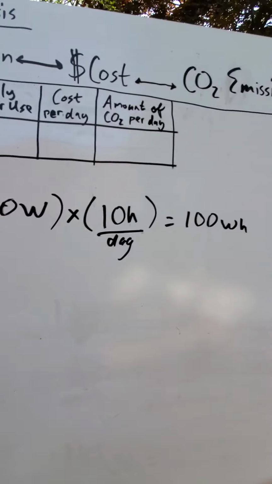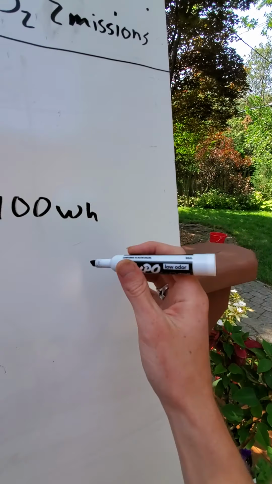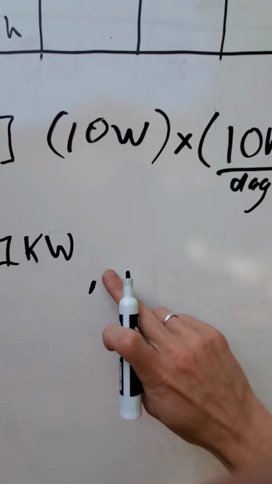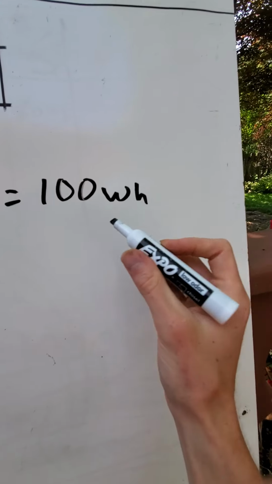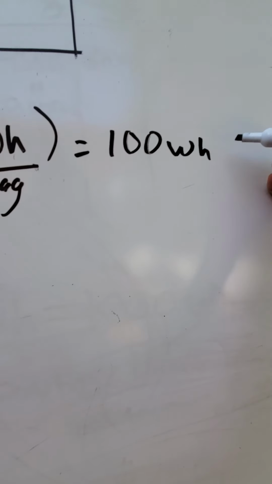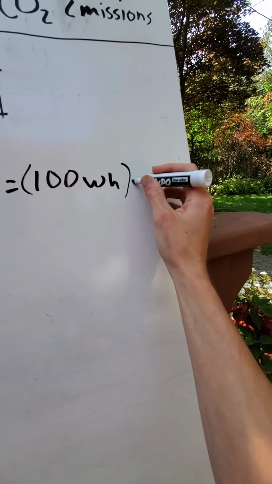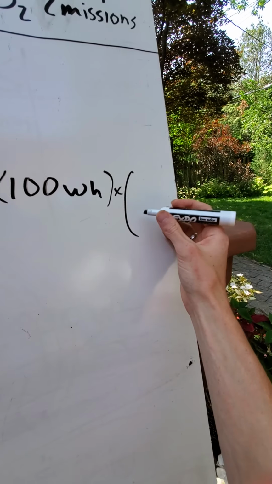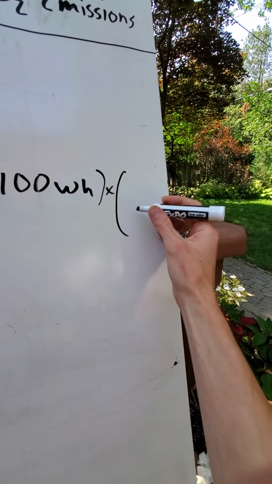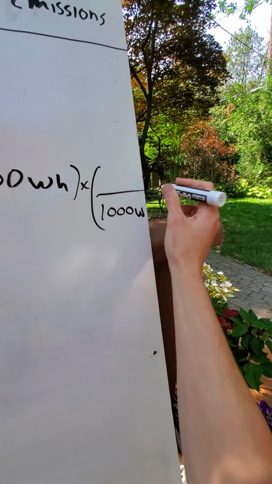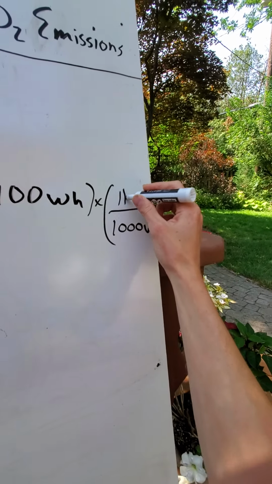So we can take our 100 watts and apply this little conversion factor. There are 1,000 watts in 1 kilowatt.